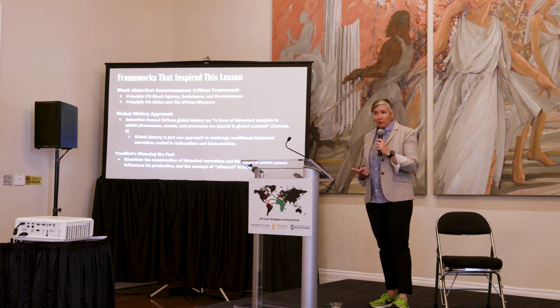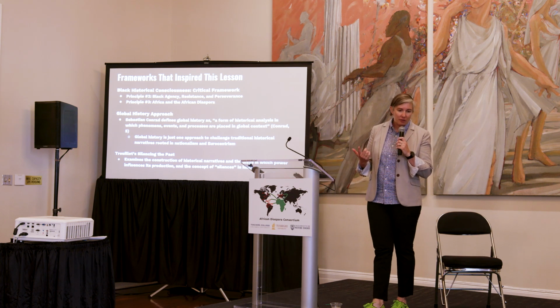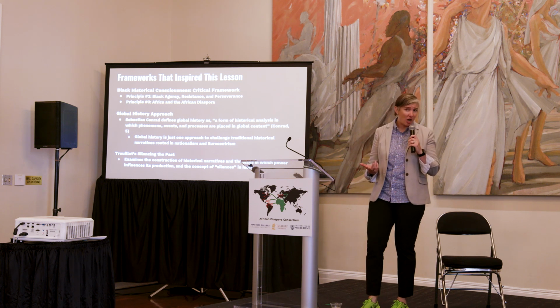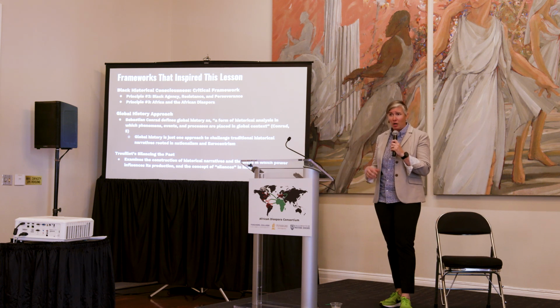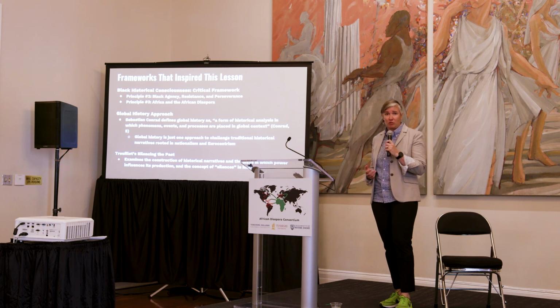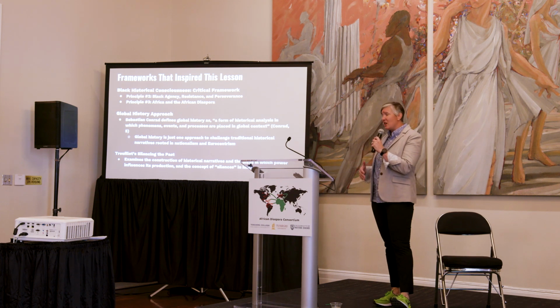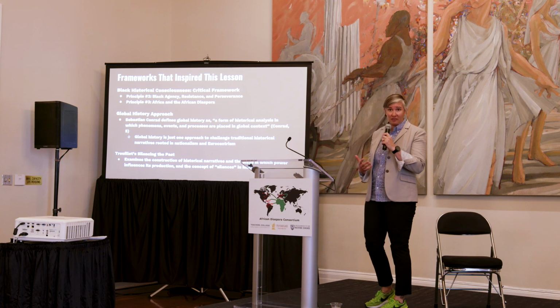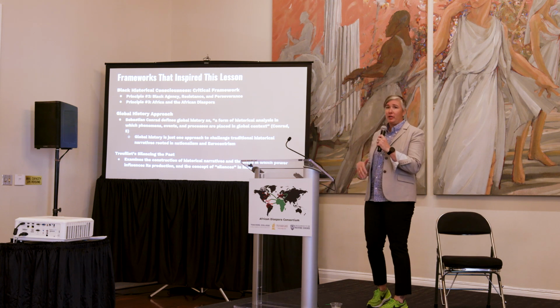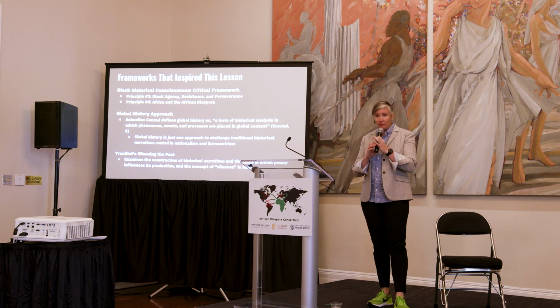So I use LeGarrette King's Black historical consciousness as a critical framework, and specifically for this particular lesson, Principle 2, agency, resistance, and he actually changed perseverance to justice. And then Principle 3, Africa and the African diaspora.